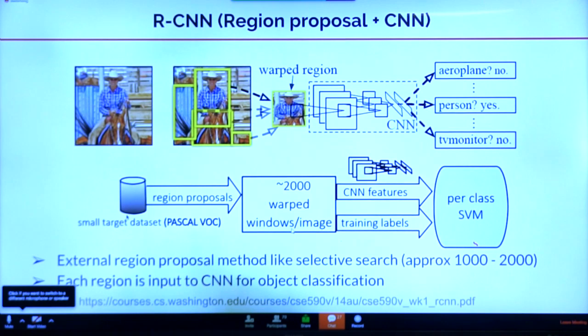This is the general architecture of RCNN. According to the paper, there are approximately 1,000 to 2,000 region proposals per image, generally based on a selective search strategy.